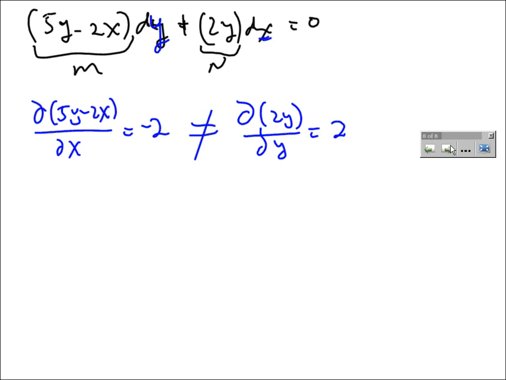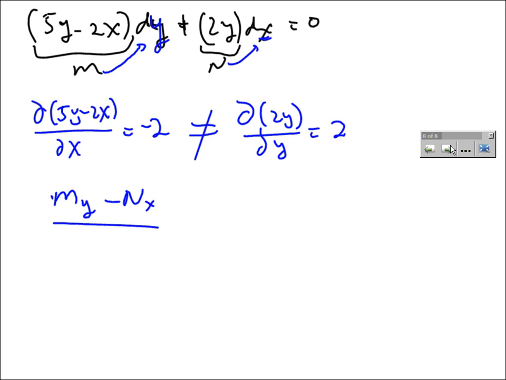Now, we want to find something called an integrating factor. And there are two ways of doing it. M sub y, partial of M with respect to y, minus N sub x.